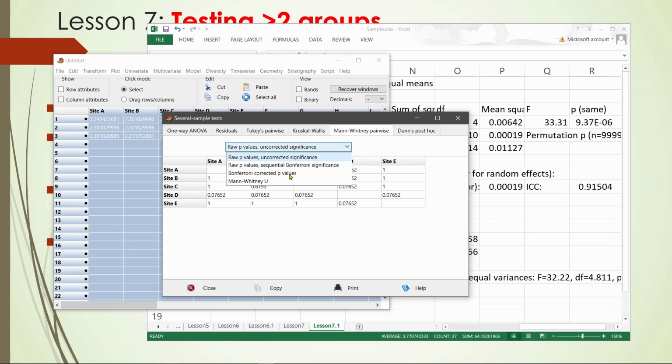You can check out the Bonferroni corrected p-values to see whether the medians from the sites are different. Dunn's post hoc test is also available as a non-parametric test if Kruskal-Wallis is significant.